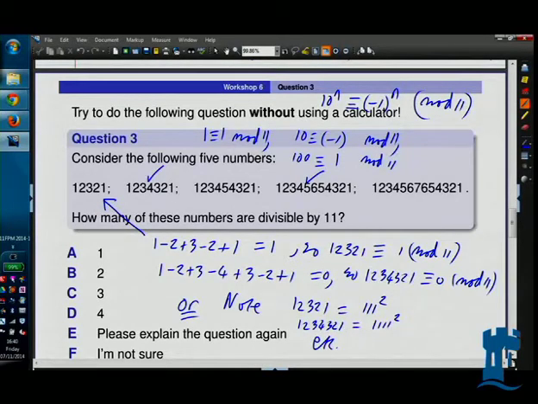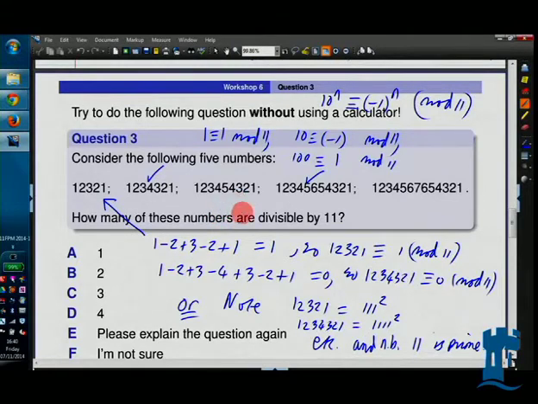If you remember facts about prime numbers, remember 11's prime. So 11 will divide the square of a number if and only if 11 divides the number itself, and these numbers are rather more obvious. You can see which ones are divisible by 11 straight away. So that's 2 different approaches to that.